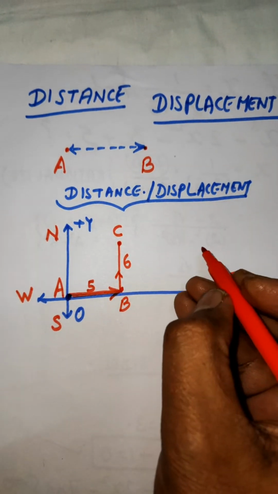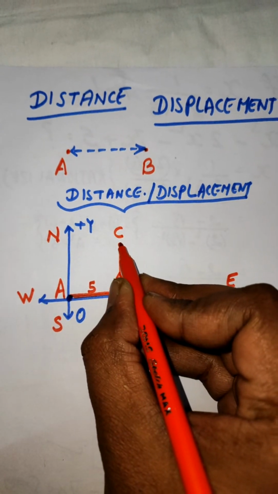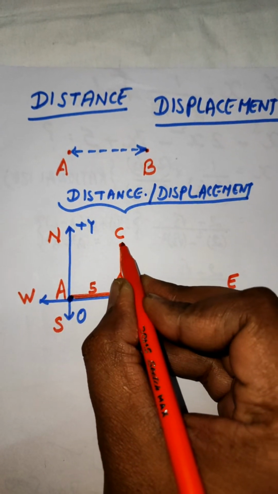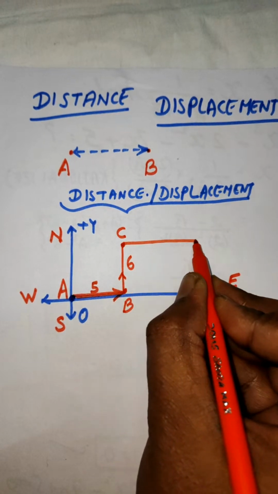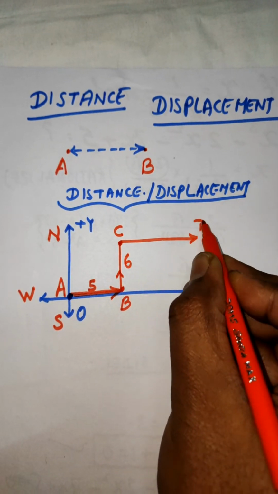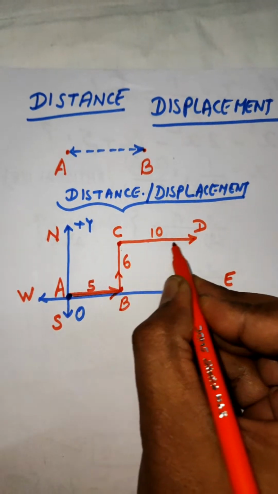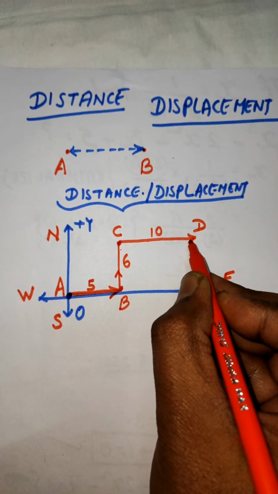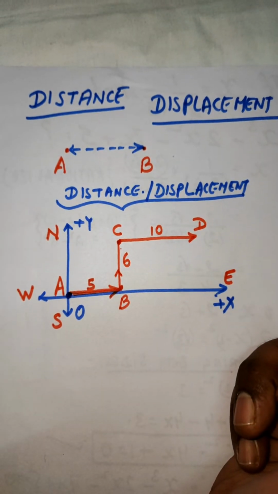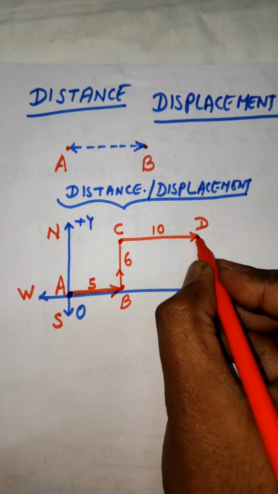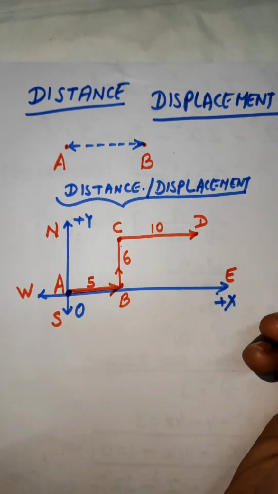After that, he turns towards east and goes another 10 kilometer and reaches point D, right? Then we need to understand where the person is standing now.